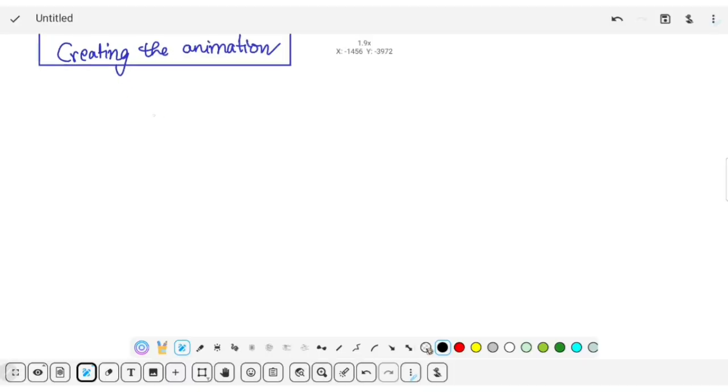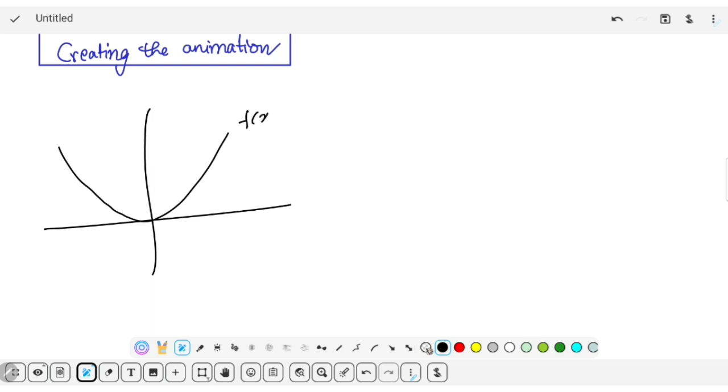Consider a curve f of x comma y equal to 0. This is my y-axis and this is the x-axis. As I have explained previously, to make it roll, we consider that at a point A, x1 comma y1, we have to draw the tangent and look at it from this perspective.